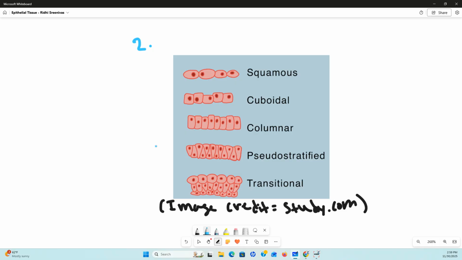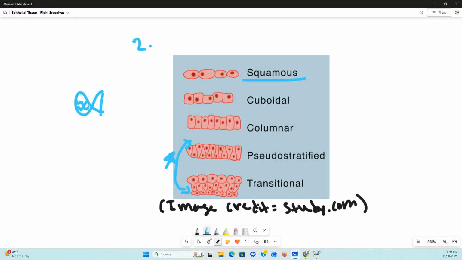So there are three main types of cell shapes. I'm going to talk a little bit about these two later. These two are kind of special, so I'll talk about them later. But we're going to focus on these three first. So first we have squamous, which means scale-like, because these cells kind of look like fish scales, if you've ever seen them before.